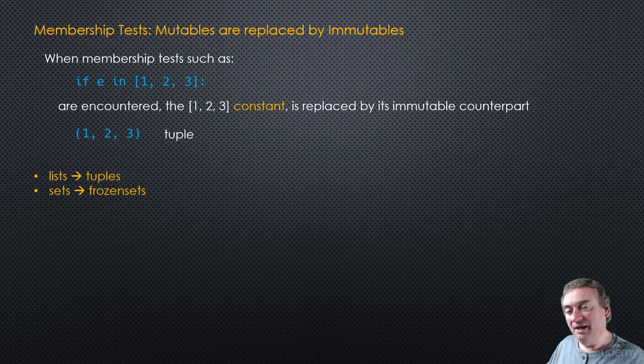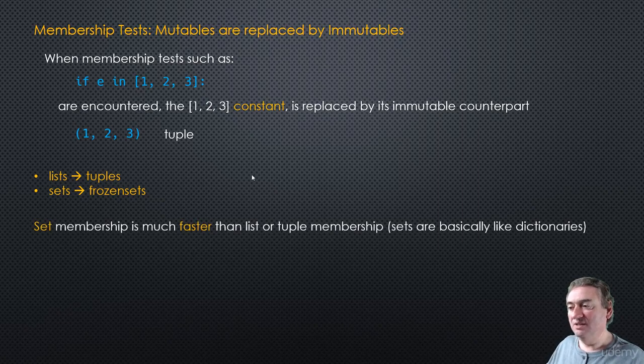But before we do that, I want to talk about set membership. Set membership is much faster than list or tuple membership because sets are basically dictionaries, right? It may not look like it, but sets are implemented just like dictionaries are implemented in Python. So it is much faster to do a lookup of a dictionary, right?